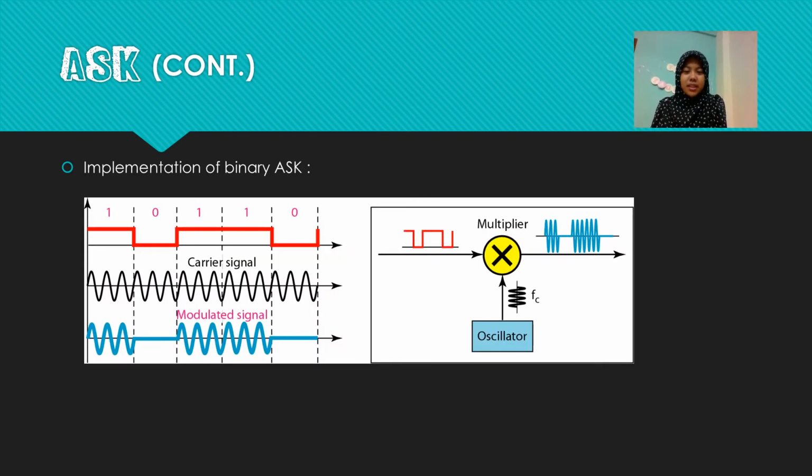This is the implementation of binary amplitude shift keying, ASK. There are 3 kinds of graph. The middle one is the carrier signal, and the below one is the modulated signal. Basically, I got this from the lecture note.